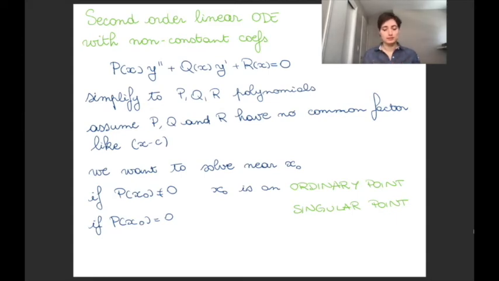And we distinguish two types of points: ordinary points and singular points. We distinguish that by saying that if x0 is not a zero of p of x, then x0 is an ordinary point. Otherwise, it's a singular point. Why is that important?